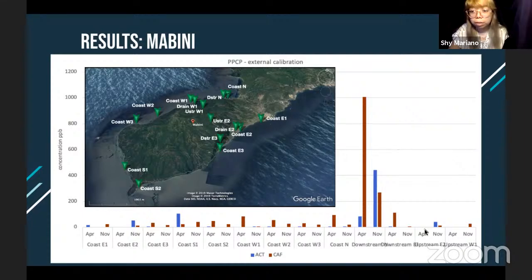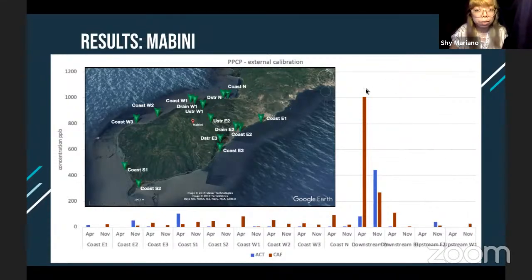Our upstream samples here on the right of the graph have low detections of caffeine and acetaminophen. Caffeine and acetaminophen have been used in many environmental studies as tracers of untreated wastewater. So their presence in natural waters could indicate discharge of untreated wastewater somewhere. Upstream, where there are fewer people and fewer structures, we have low concentrations, but there's still some.